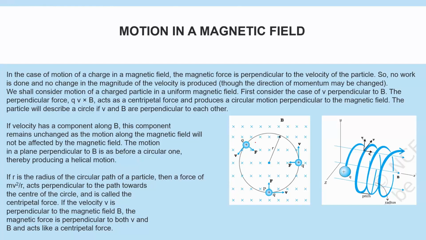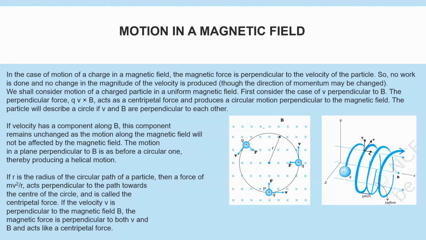The force experienced by the charged particle is also perpendicular to the velocity and the magnetic field, so they all are perpendicular to each other. The force then acts as a centripetal force.